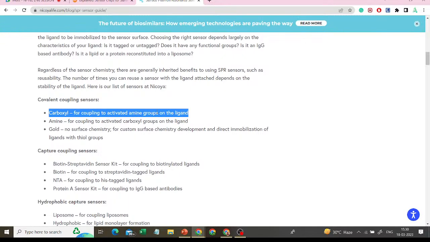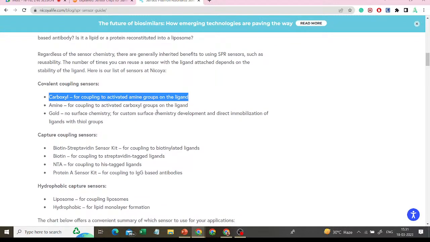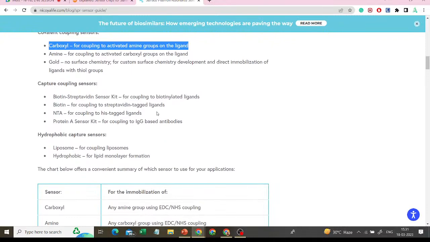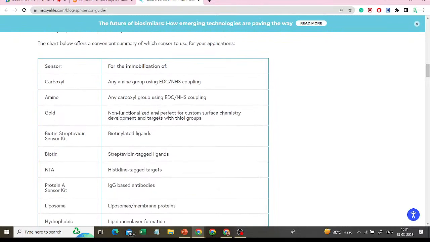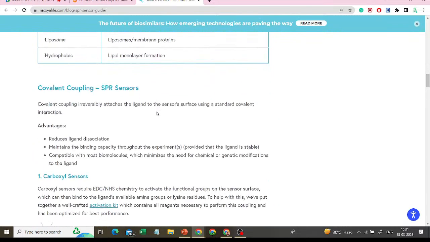Since gold is an inert material, no surface chemistry is required, so custom development immobilization of thiol groups is used. Then biotin and streptavidin for coupling of biotin-related ligands, and vice versa; NTA for his-tag proteins; protein A for coupling of IgG based antibodies; and liposome for coupling liposomes or hydrophobic molecules.